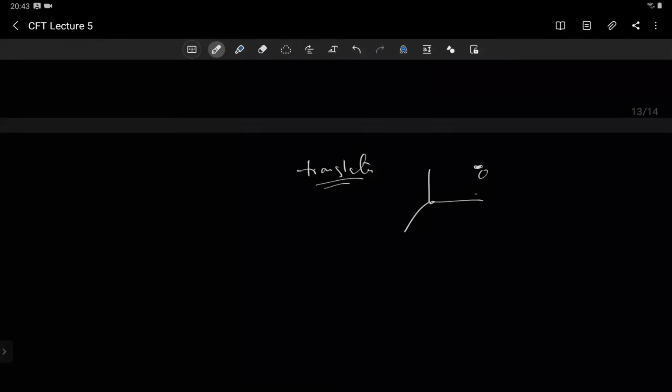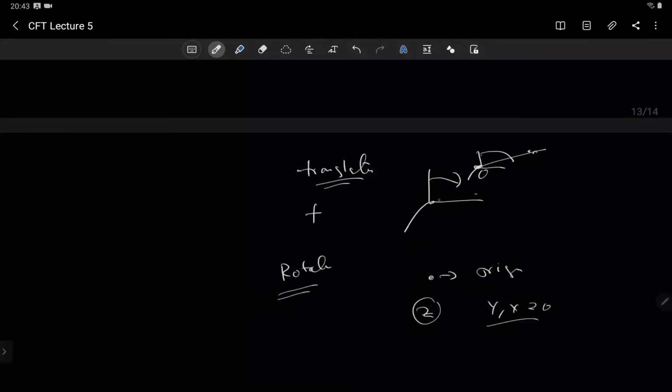If you have rotation on top of that, then let's say there's another point. Once I've translated, I can rotate this and put that point on the z-axis. So if I have both translation and rotational symmetry, then one point I can fix completely to be the origin, and for the second point the x and y coordinates are 0 and z is non-zero, because I can just rotate the axes so that the z-axis passes through that point.